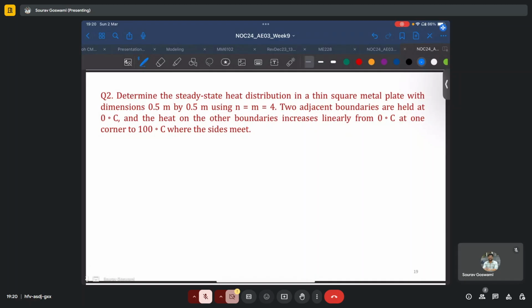So again, it might be wise to sketch this problem for easier visualization. Say this is our domain.